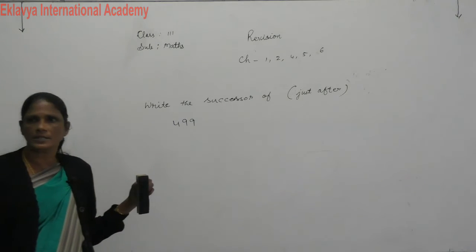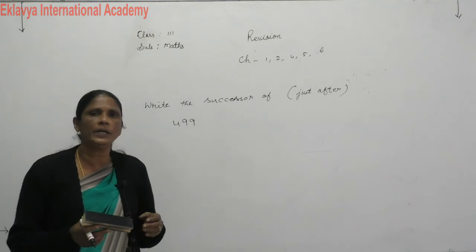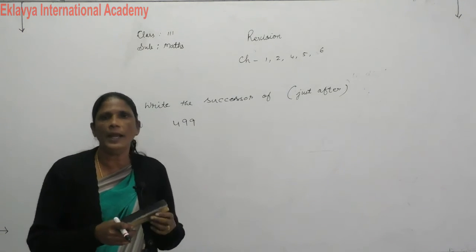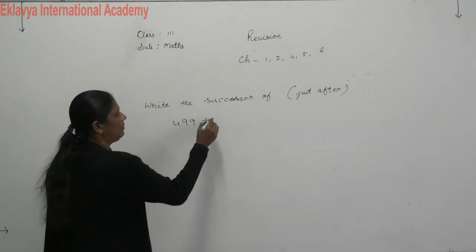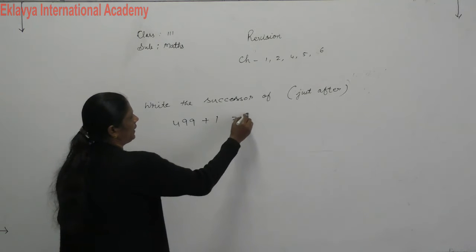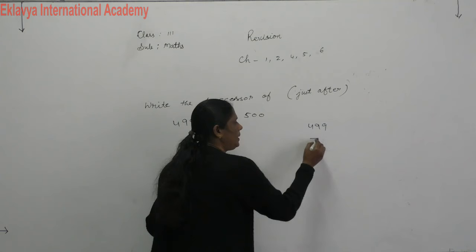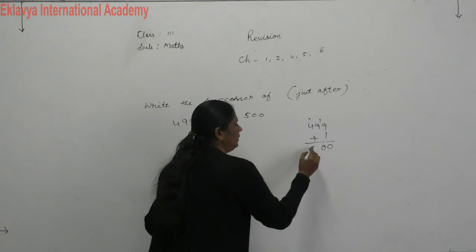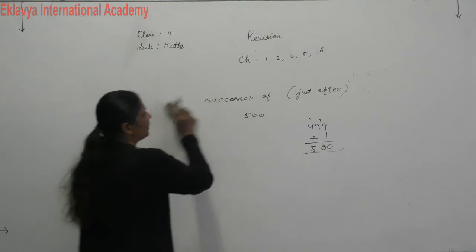To get a successor, we add 1 to the given number. That is 499 plus 1 is equal to 500. This way you write 499 plus 1. Understand this?